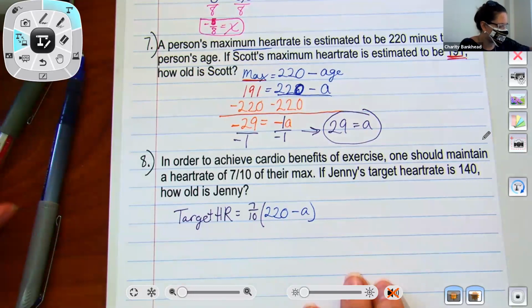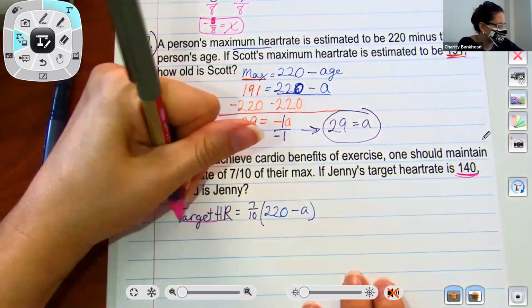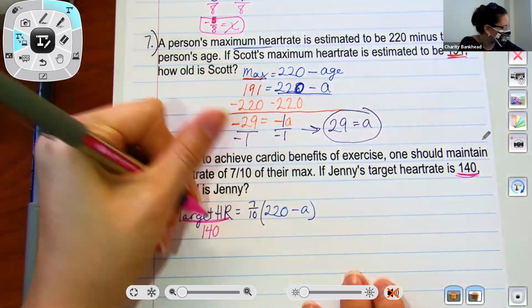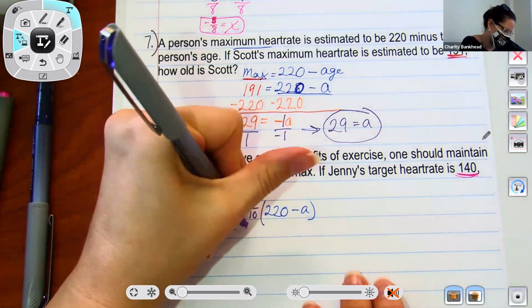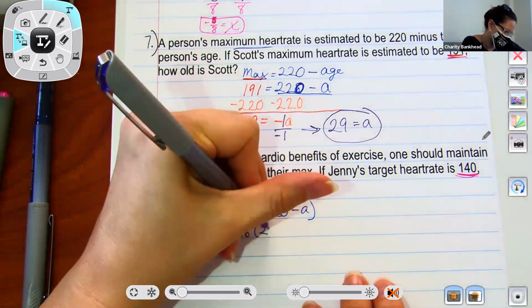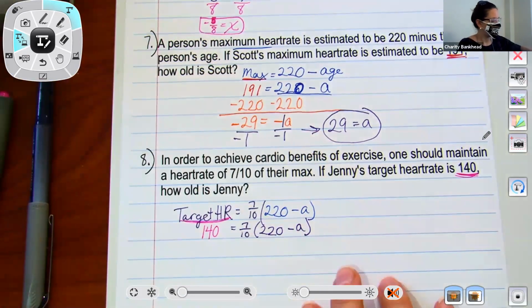And then it says the target heart rate is 140. So 140 equals 7/10 times 220 minus age. And we want to solve for A.